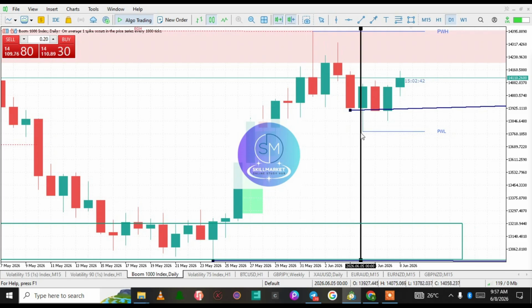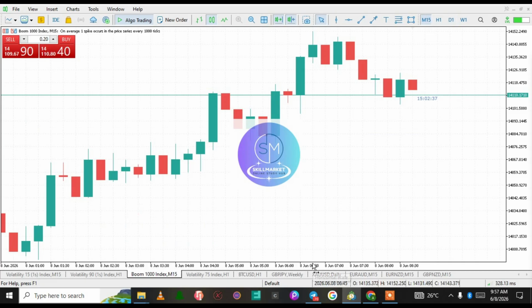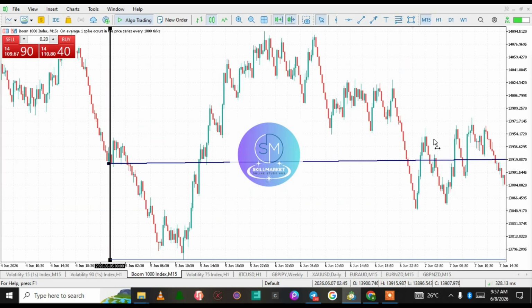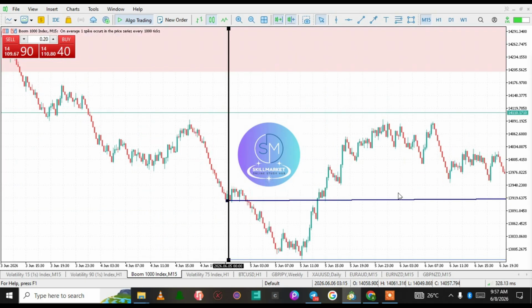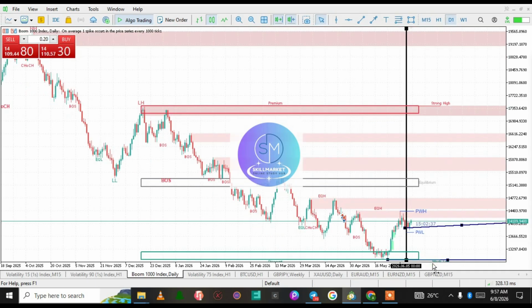We have price coming down to that low. So what we do is we go down to the lower time frame and wait for buy entry confirmation signal for us to take our buy, and our target would be, let's mark out the target at once.